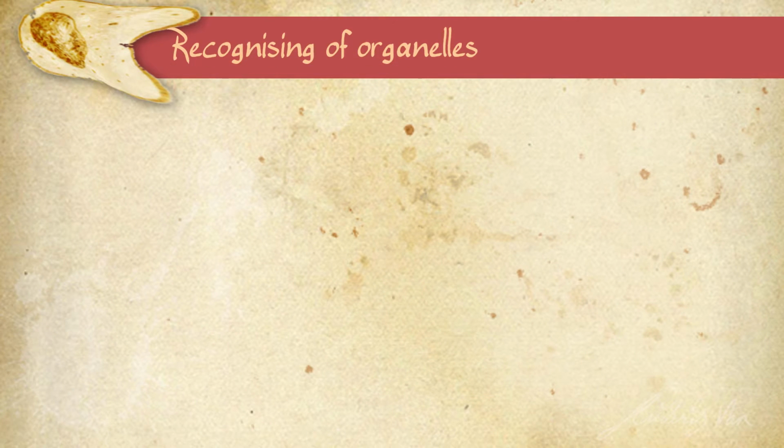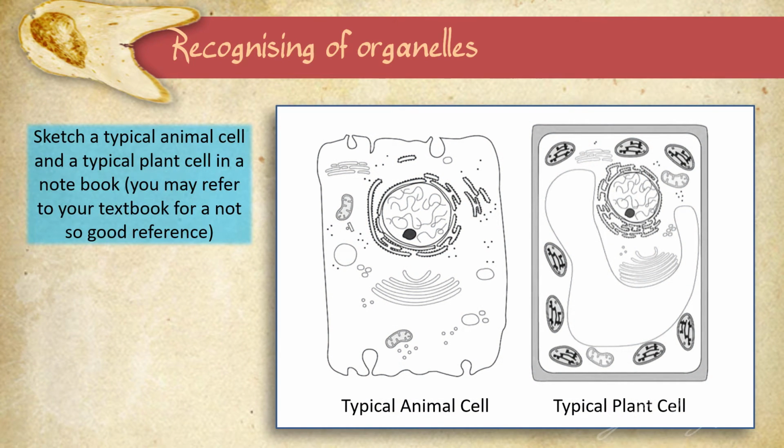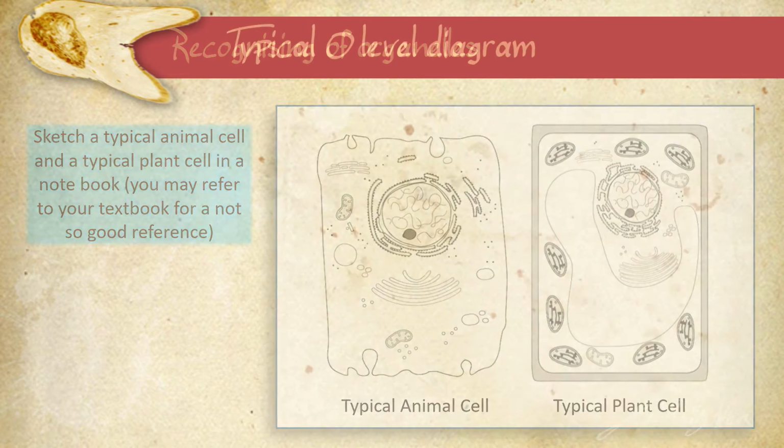So what I need you to do now is to sketch a typical animal cell and a typical plant cell in your notebook so that you can refer to it and label the organelles and structures. You may refer to your textbook for a not so good reference. But like I said, it's a not so good reference. So why would you want to refer to it? It is probably better for you to refer to the typical cell that I'm going to show you.